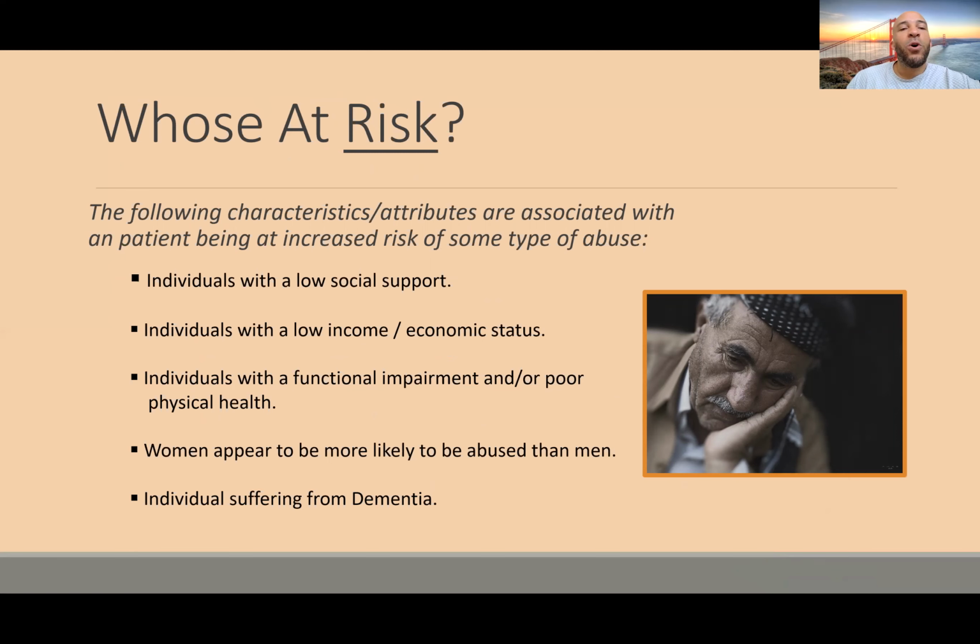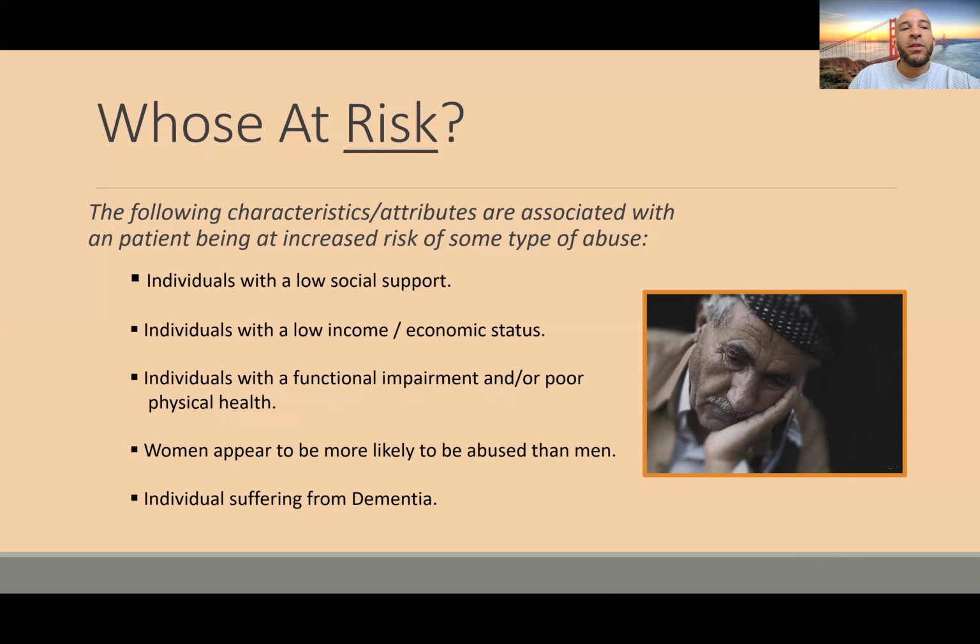Now, we're going to get more specific into who is at risk. What type of patient is at the highest risk? Well, the patient that would be at the highest risk of falling victim to some type of abuse would be individuals with low social support.